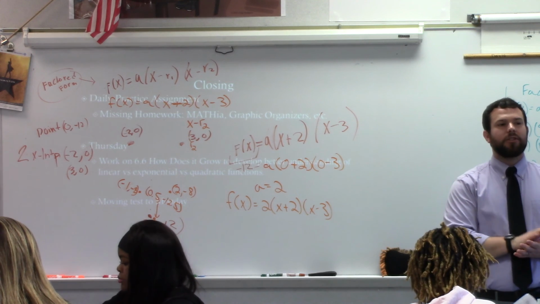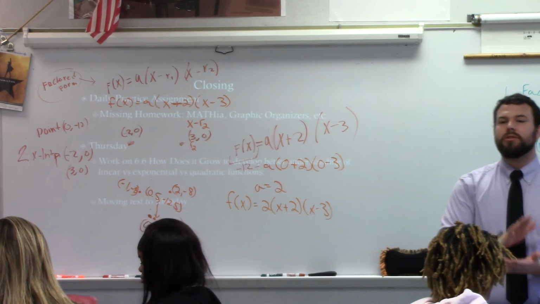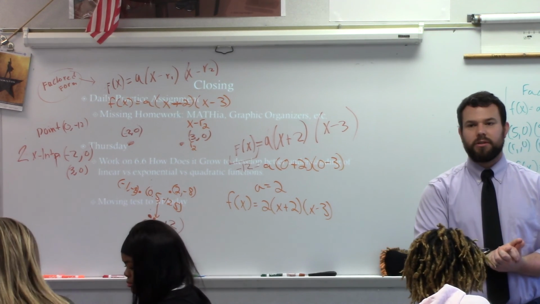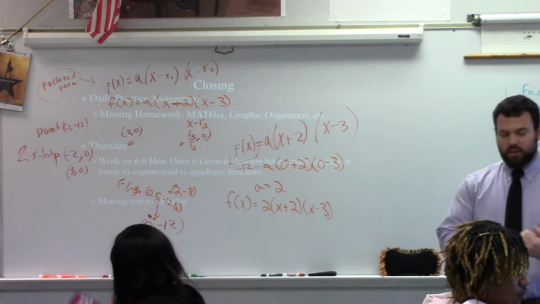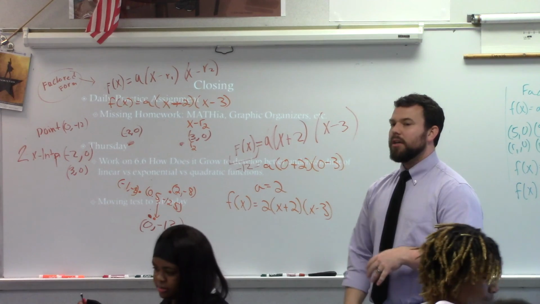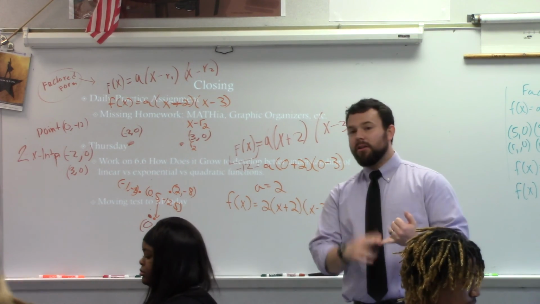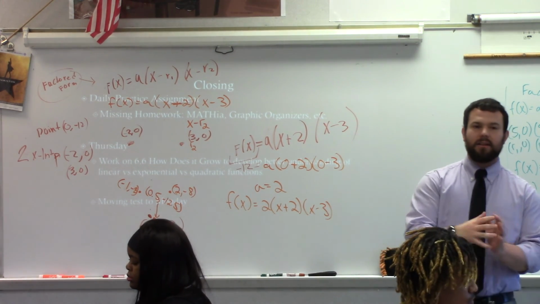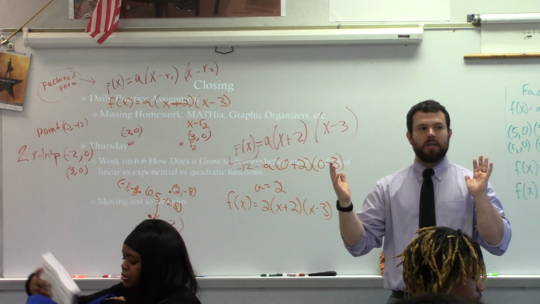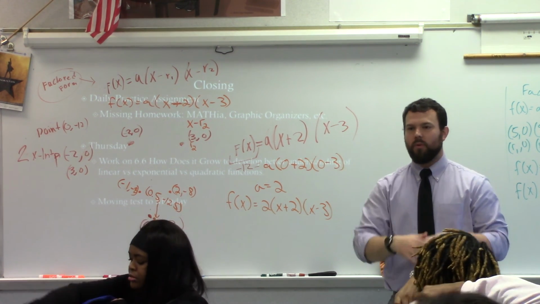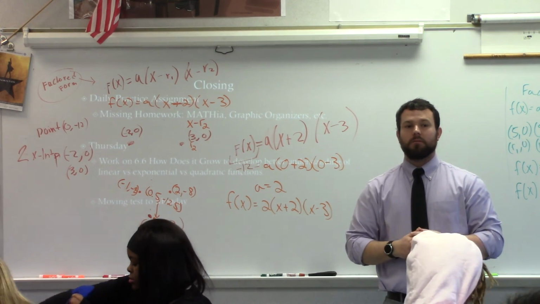You need to make sure that you know those equations backwards and forwards. If you don't know those equations, it's hard to write the equation, it's hard to identify the key features. Make sure that you look at Desmos, you look in the book at lesson 4. Pretty much everything in lesson 4 from the book is fair game, except 4.4 because we never covered that. So, keep that in mind.